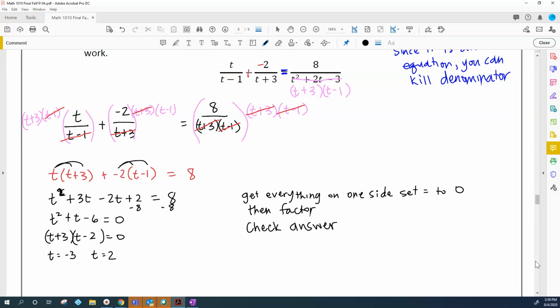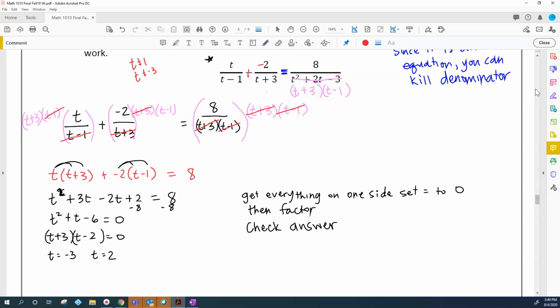Well, remember back at the beginning, if I'm looking at this original equation, the domain of it, t cannot equal 1 because that's going to make my bottom equal 0, and t cannot be negative 3 because that's going to make my bottom equal to 0. Sometimes students start off by saying t cannot equal 1, t cannot equal negative 3, just to make sure that they remember those are our excluded values.